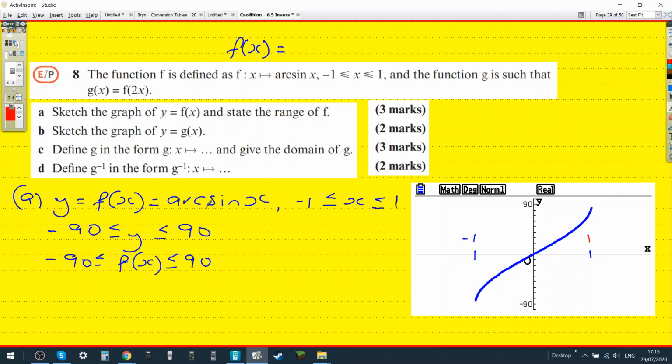The points from the graph we just did were minus 1, minus 90. If you were stretching it by a scale factor of a half in the x direction, then you would do minus 1 times a half. And the new point is minus 1/2, minus 90.